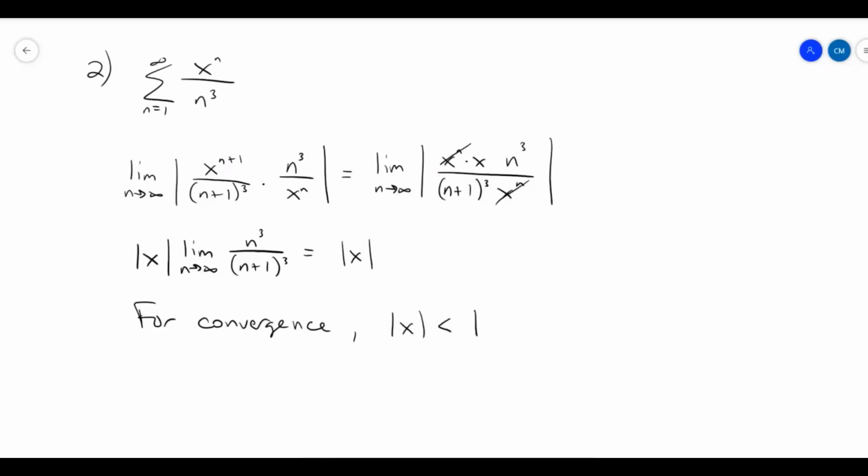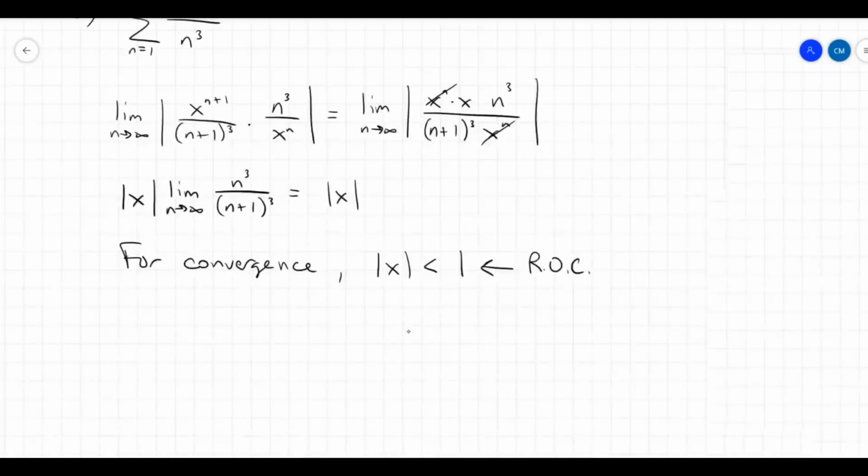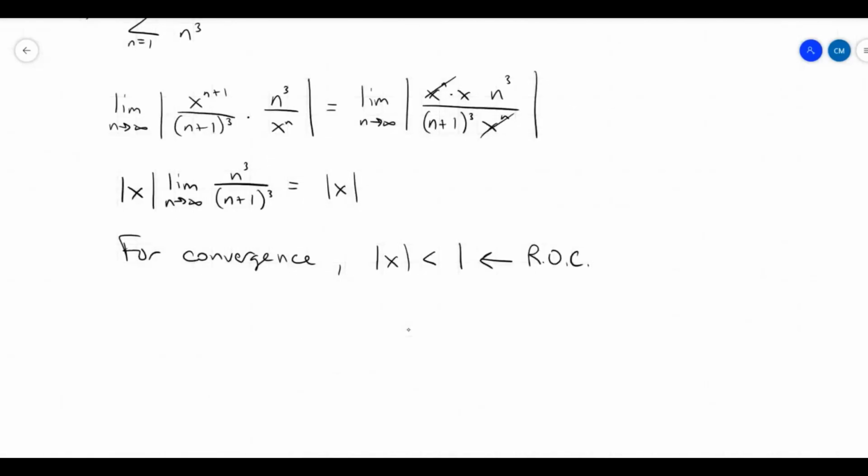And in fact, this right here is now the radius of convergence, okay? Because we know it's going to converge a distance of 1 away from the center, which is 0. I'm going to start abbreviating it as ROC, radius of convergence. And again, if you think about what that actually means, absolute value x less than 1, you can write that as a triple inequality, right?